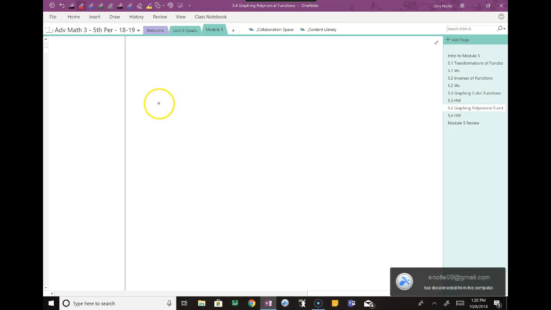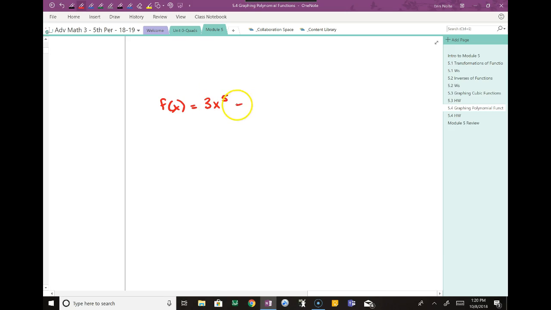Okay, so an example would be, let's say f of x equals 3x to the fifth minus 2x cubed plus 5x squared minus 4x minus 3, something like that.